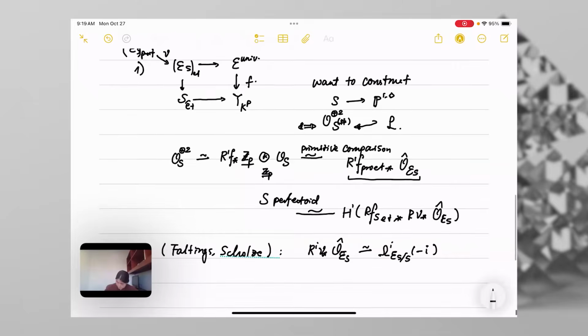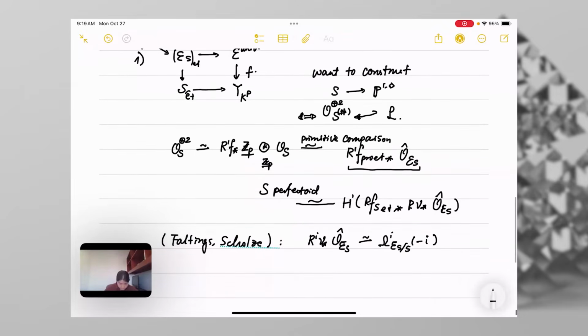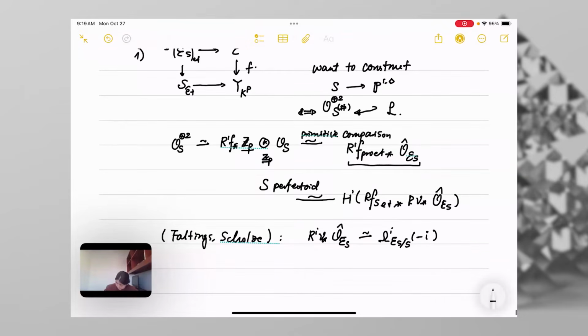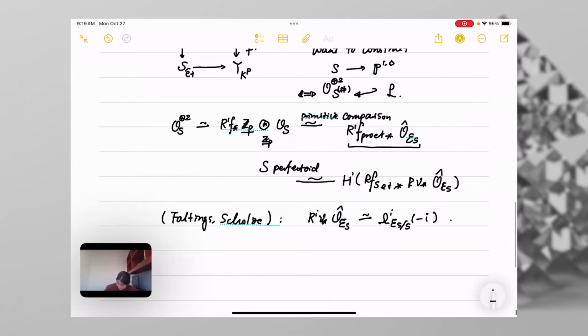With some Tate twist. So now if you plug this formula into the natural filtration on this H1 given by the Leray spectral sequence, you get the so-called Hodge-Tate filtration.